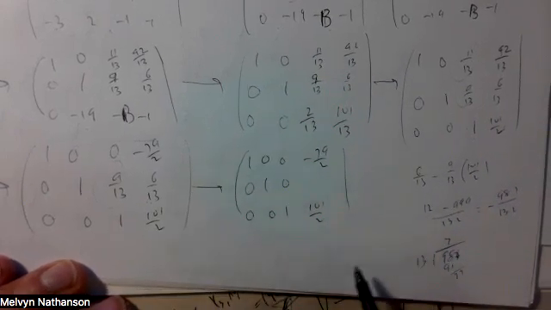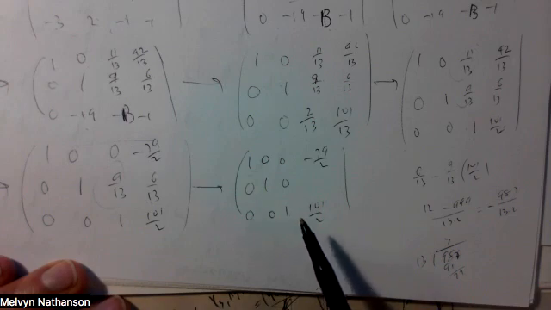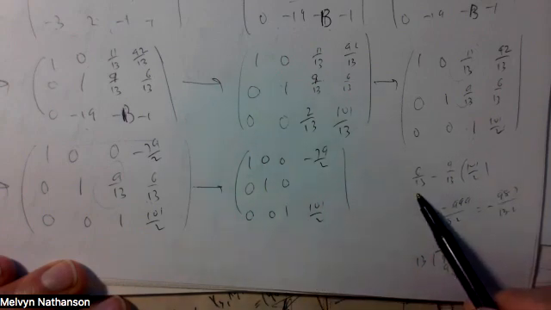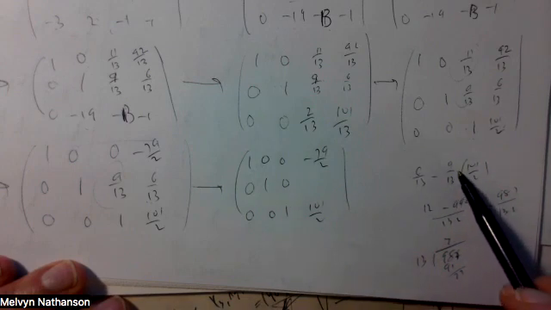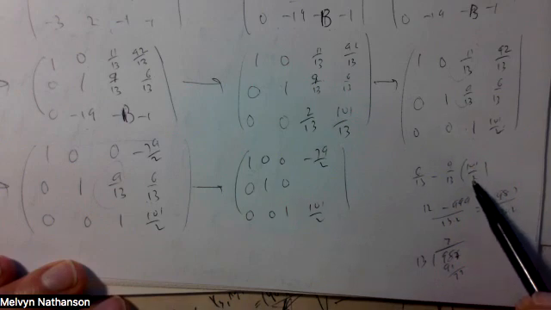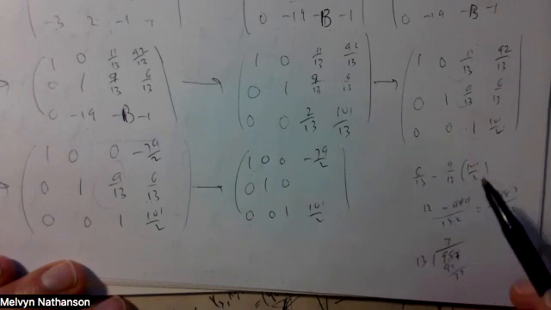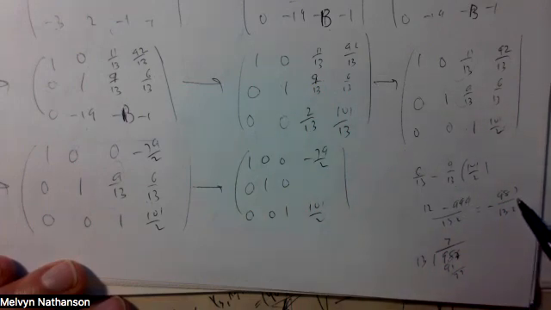You have to kind of like arithmetic to want to keep doing this by hand, but that's okay. So this is 6 over 13 minus 9 over 13 times 101 over 2. That's 12 minus 999, which is 987.